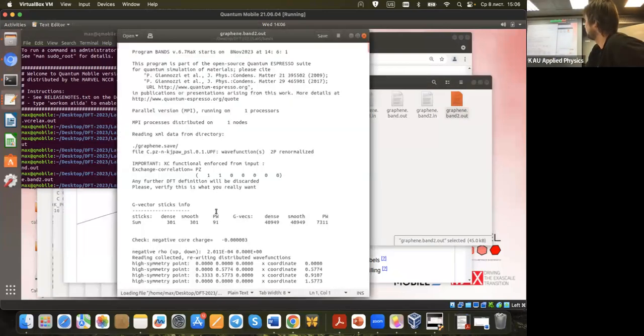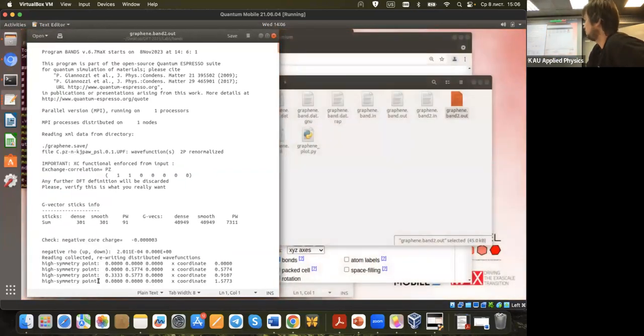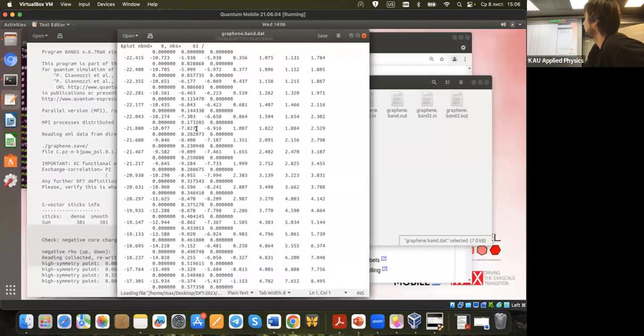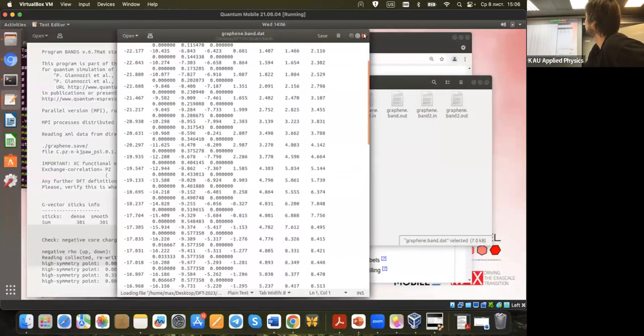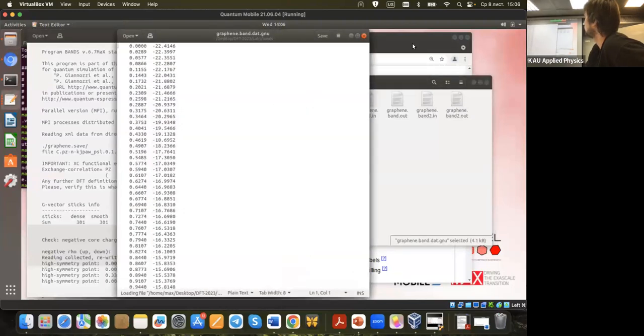What can we get from post-processing? We can get these coordinates of our high symmetry points, and we have this file, graphene band dat, and graphene band dat gnu. It's even more convenient.